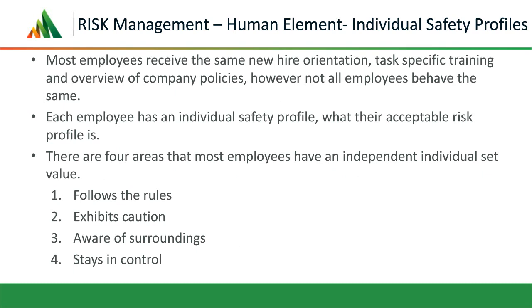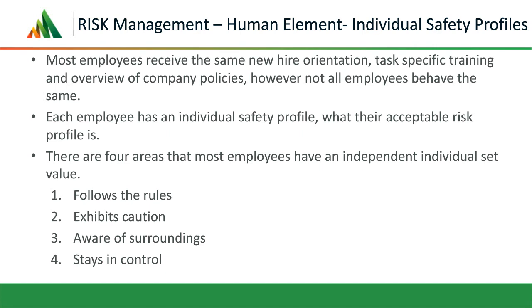When we're looking at individual safety profiles, it's really important to consider that when we're looking at hazards in the job site. Most employees go through new hire orientation, they have their task-specific or routine training, they have overview of company policies. However, not all employees behave the same way.